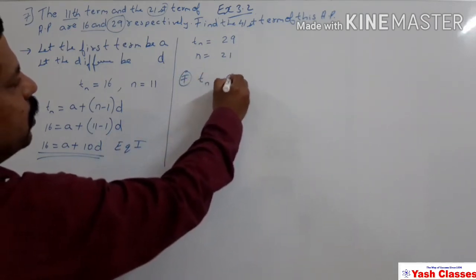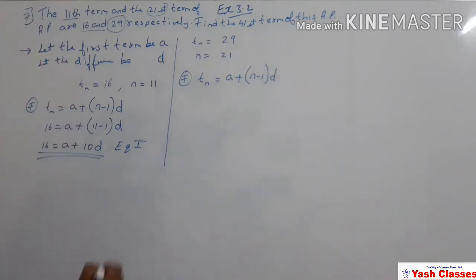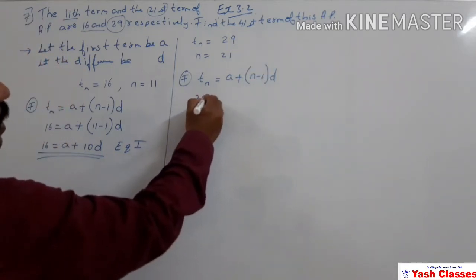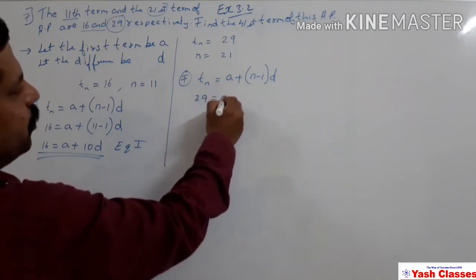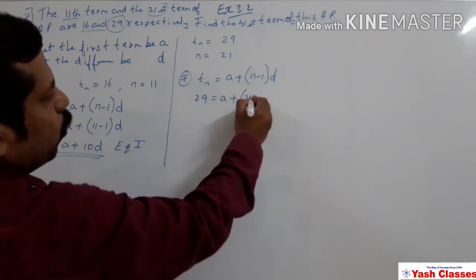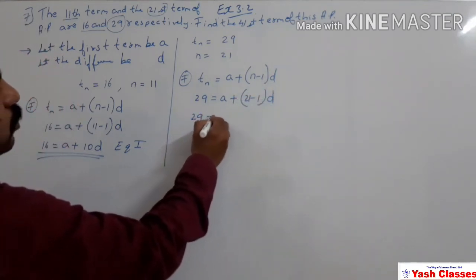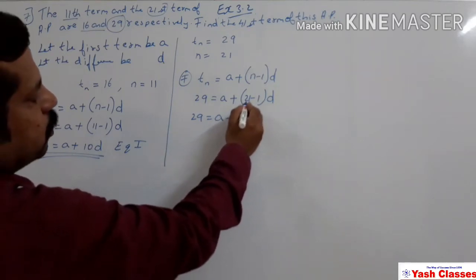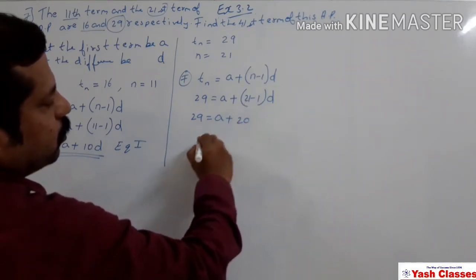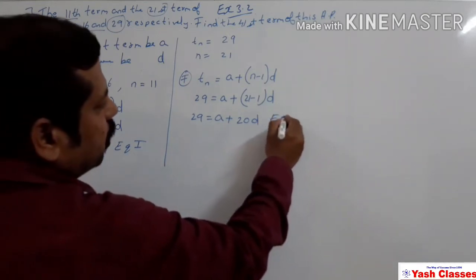Tn is equal to A plus bracket n minus 1 D. Now here Tn is 29, A we don't know, plus n, n is 21 minus 1 D. 29 is equal to A plus 21 minus 1, 20 D. This is equation number 2.